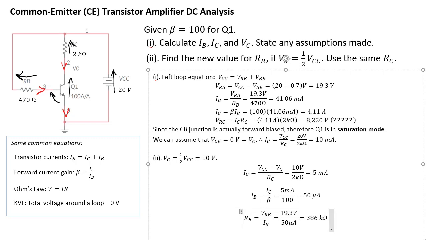That's the answer. So we now have a new value of RB if VC is at half of VCC. Okay, until the next video.